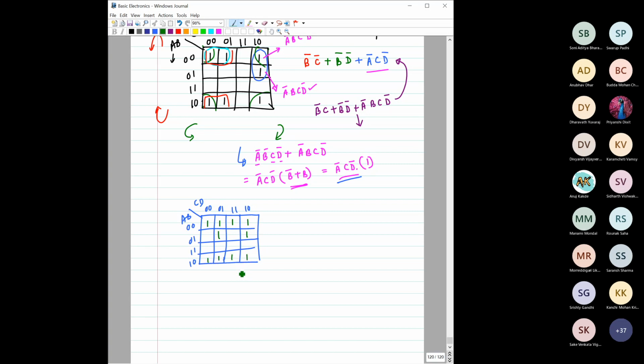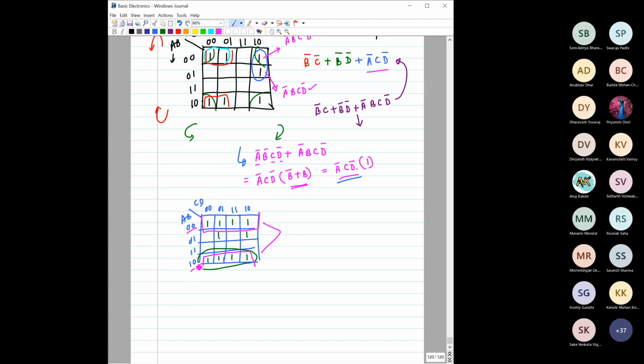Now suppose you have to minimize this. You could have combined these 4 ones and these 4 ones, but we could also have done it like this. When you combine these 8 ones, see what you are getting from here to here.